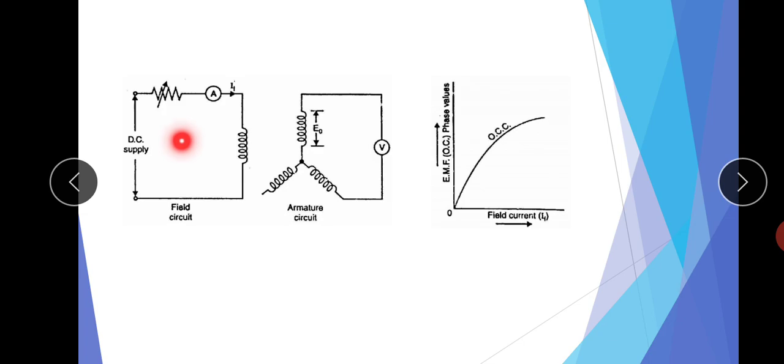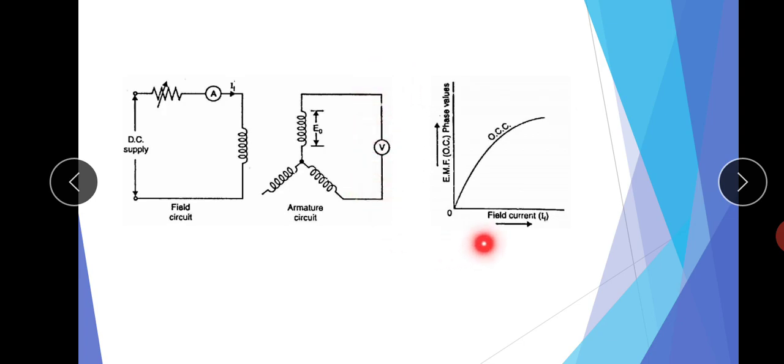When we supply DC to the field and rotate it with the help of a prime mover, due to IF, flux is generated that is linked with the stator winding, and EMF is induced in it. Its terminals are open, so we can find the voltage through a voltmeter.